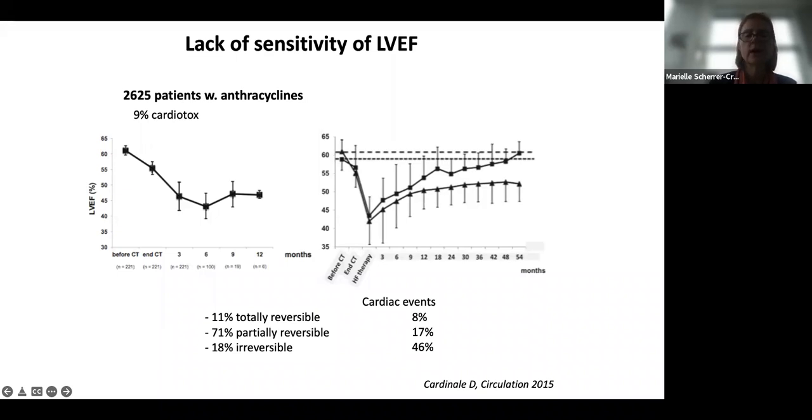They were treated with quite high doses of anthracycline at that time. The important thing is that even when she monitored the LVEF every 3 months, and she would put patients on ACE inhibitor and beta blockers as soon as they had a decrease with an LVEF of less than 50%, there was a number of patients in whom the LVEF decrease was not totally reversible with treatment. And that is an issue of maybe sensitivity, and it led people to look for more sensitive indices of LV dysfunction.